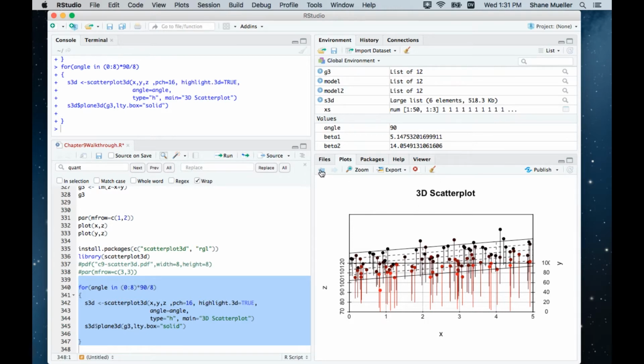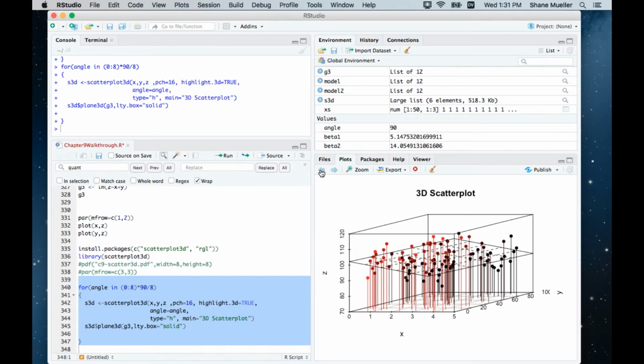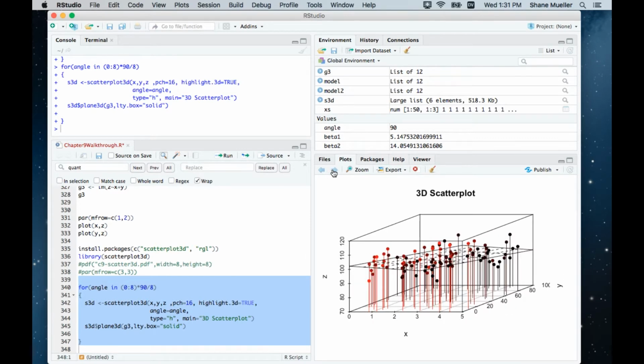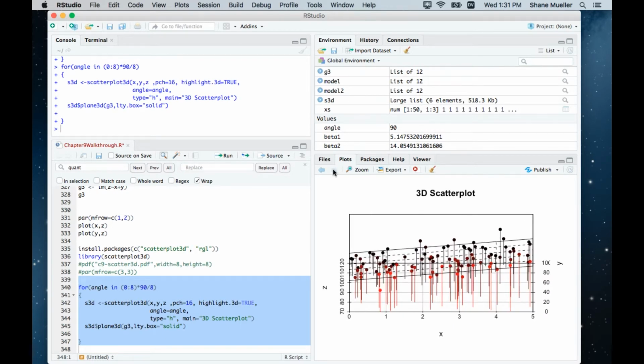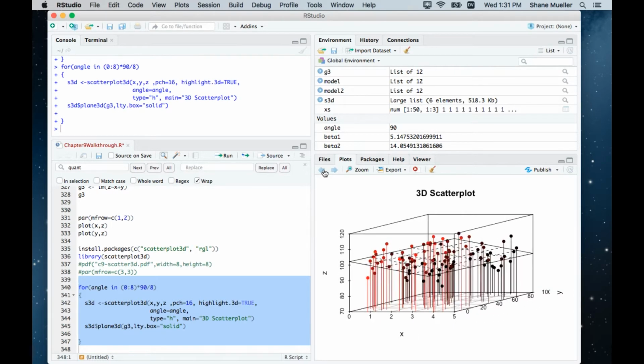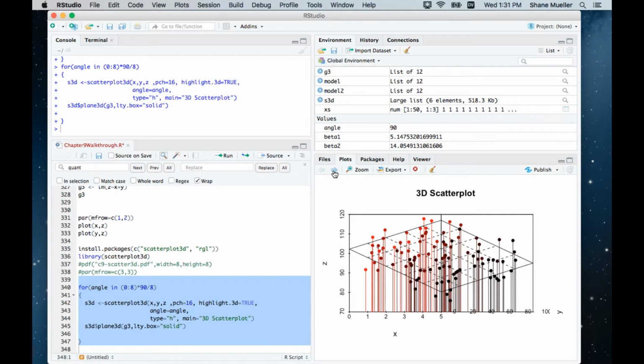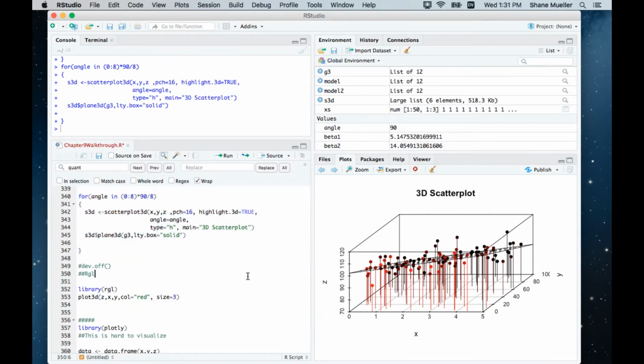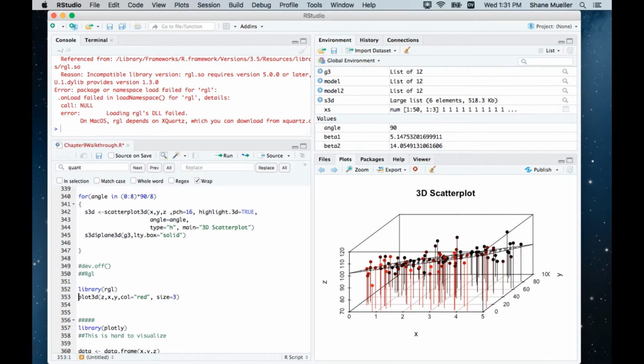You can't quite see it here, but if I rotate through the space at different angles, you can see how they do lie on the plane described by that model, and find the best angle to visualize it under. So that's a nice one that creates simple plots for viewing, but it's hard to explore.